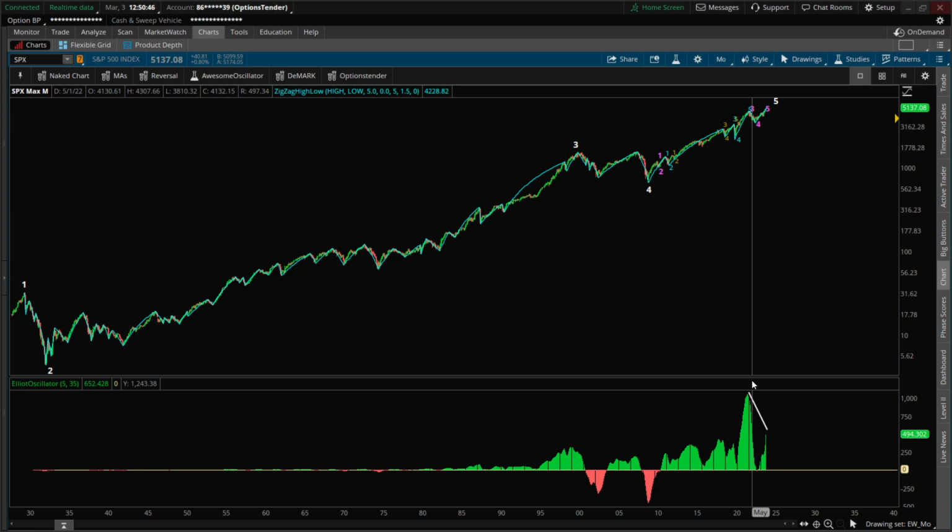So we've already seen all the divergences, the market breadth, everything saying that this move is over, but we need to look at a different perspective as well while we're waiting for this reversal.